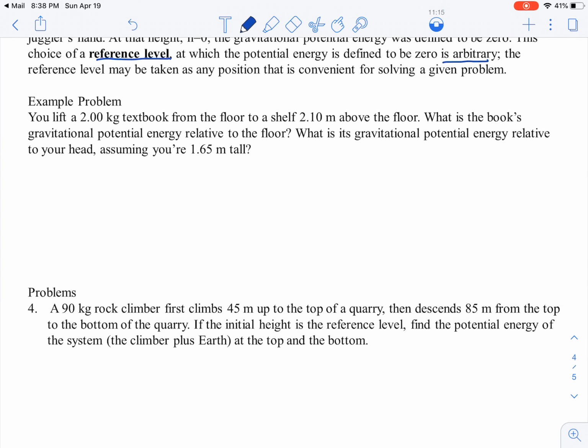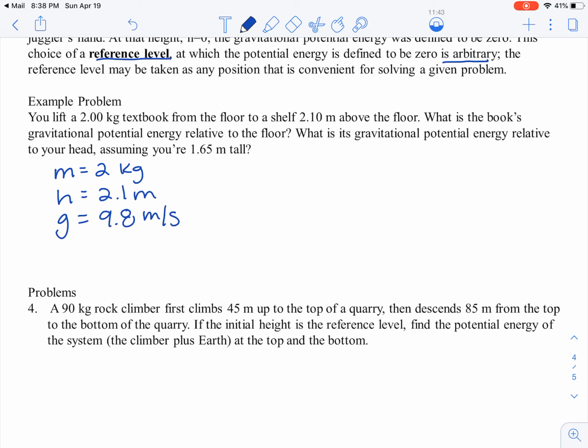Okay, an example problem using gravitational potential energy. You lift a 2 kilogram textbook from the floor to a shelf 2.1 meters above the floor. What is the book's gravitational potential energy relative to the floor? So we are going to use our mass, which is 2 kilograms.